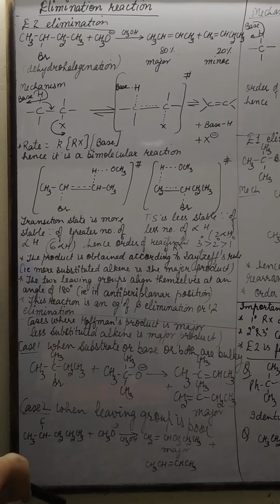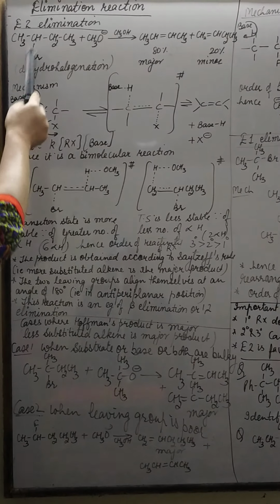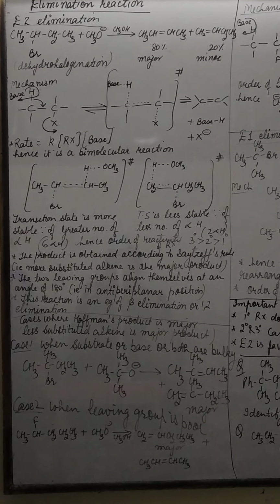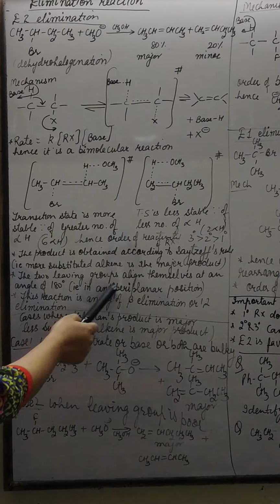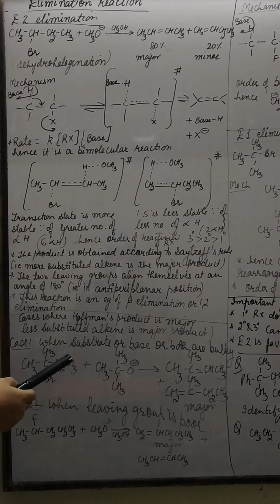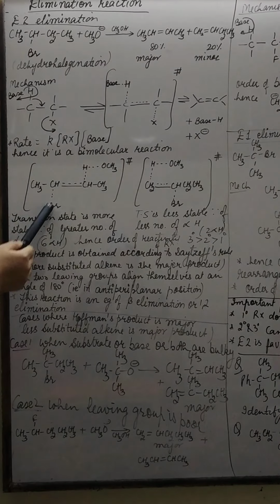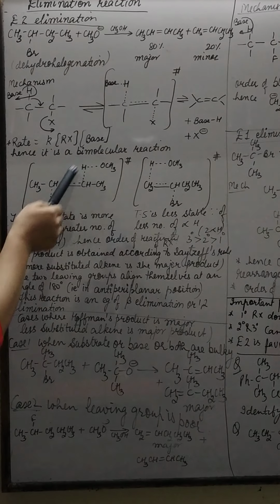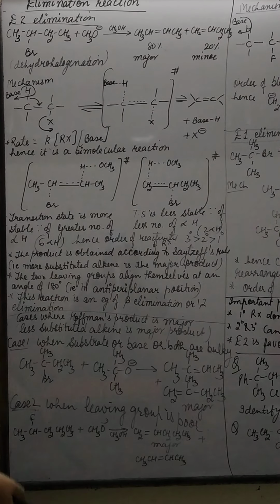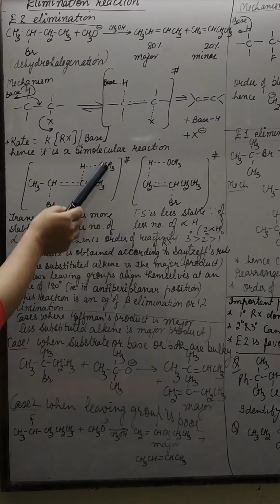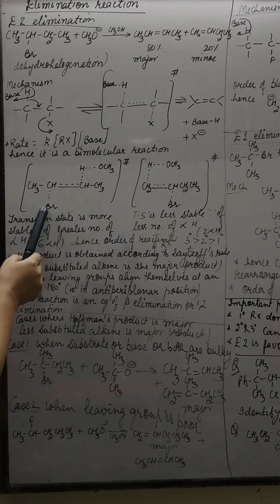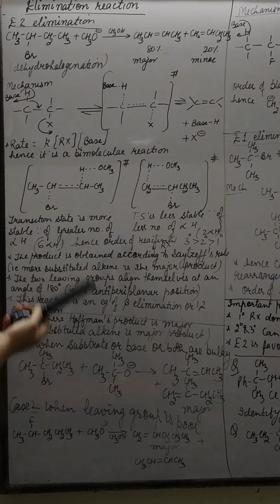Another important point is that this hydrogen and halogen have to be present at an angle of 180 degrees. That is, the position should be anti-periplanar. This hydrogen and bromine should be at an angle of 180 degrees opposite to each other. It is because this base is negatively charged and this halide ion which is going to depart is also negatively charged.